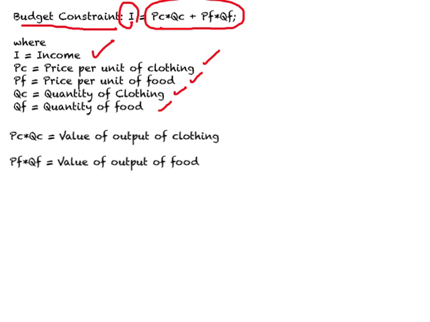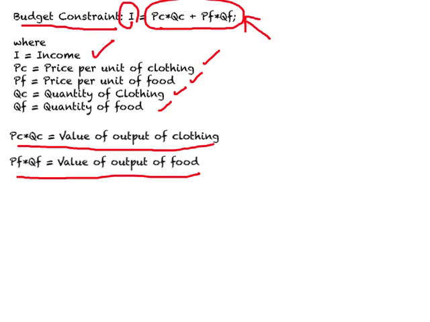So PC times QC will be the value of output of clothing. PF times QF will be the value of output of food, and since this country produces only two goods, the total value of output will be the sum of value of output in the clothing industry plus value of output of the food industry.